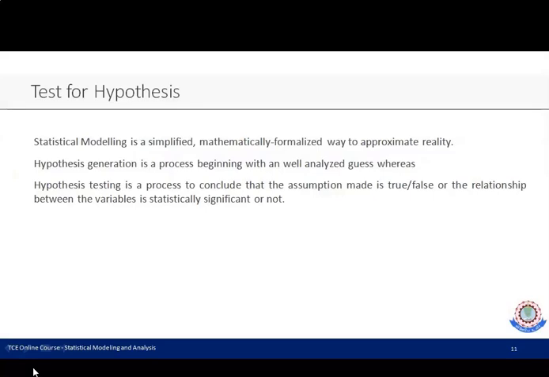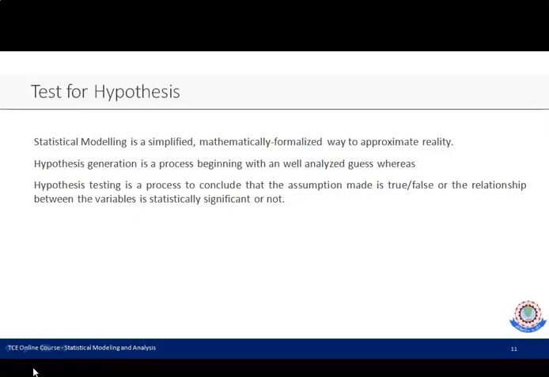So the next is test for hypothesis. The definition behind statistical modeling focuses on the evaluation of a simplified, mathematically formalized way to approximate the reality that is happening in the nature of the data set.